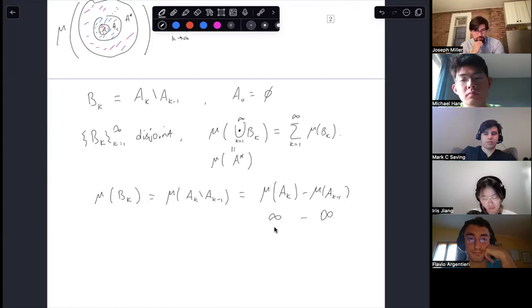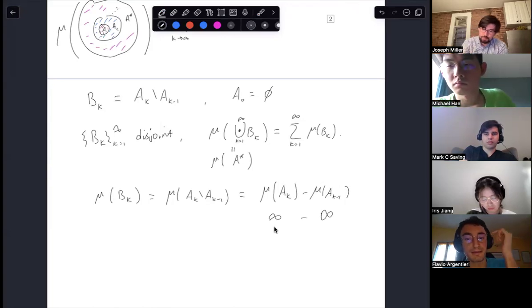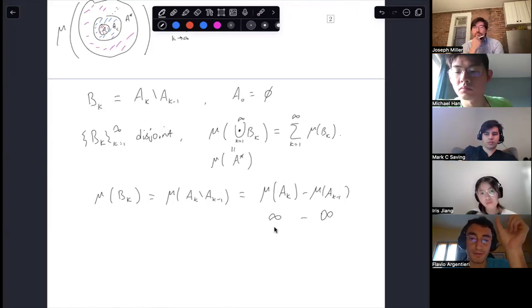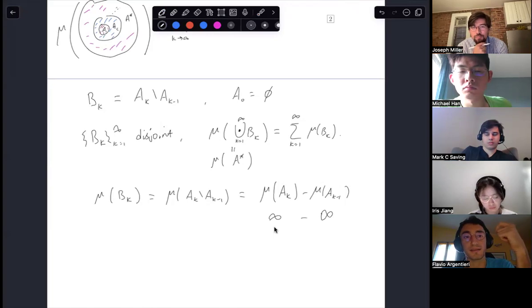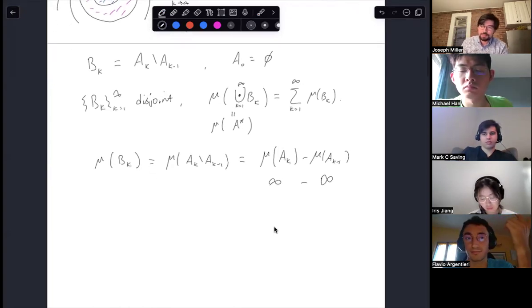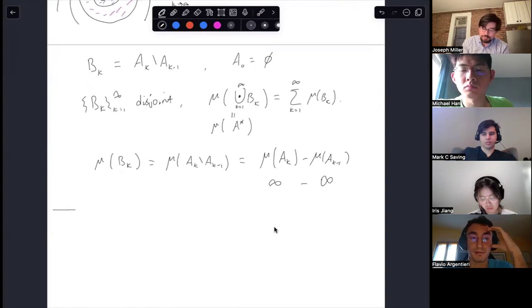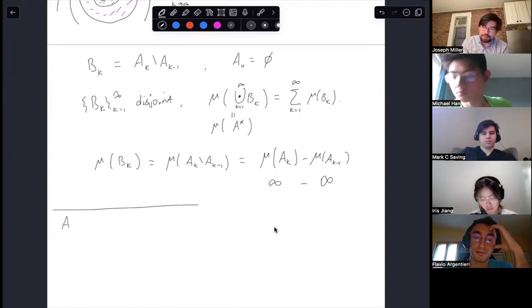But I'd still like to say something. In that case, the union is going to be infinite measure. If there exists one AK that has infinite measure, then also the union has infinite measure, and then the equality is true. Yes, so we can assume that does not happen. Perfect. As an aside, you'll see this a lot.